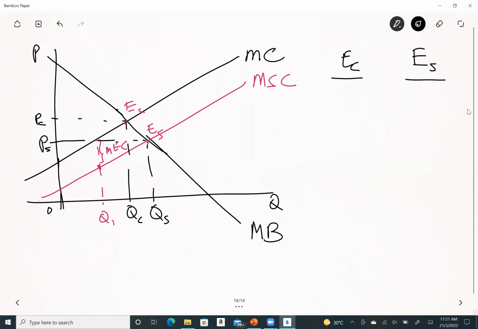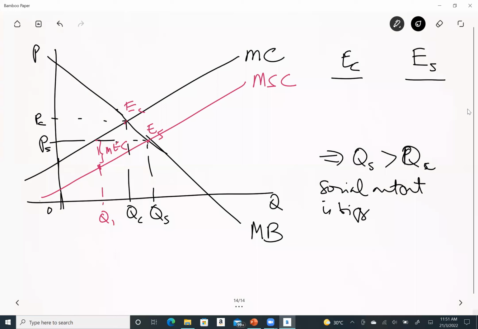What you can conclude from the point here is that QS is larger than QC. The social output, or the social equilibrium output, is bigger than the private or the market output level.